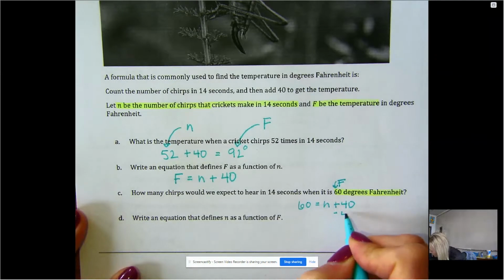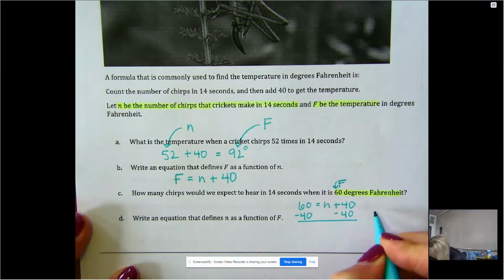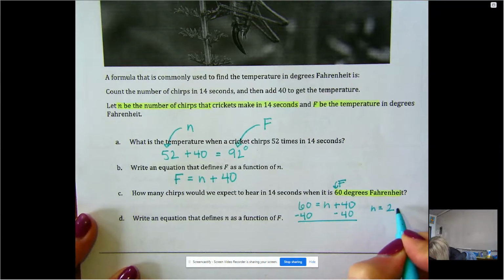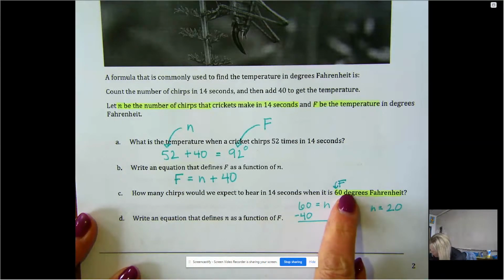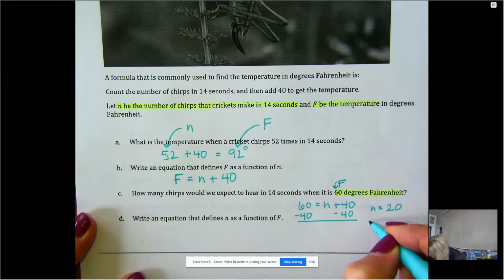And to solve that, we simply subtract the 40. And so N equals 20. And that means if it's 60 degrees outside, we would expect to hear 20 chirps in a time span of 14 seconds. So the final answer is 20 chirps.